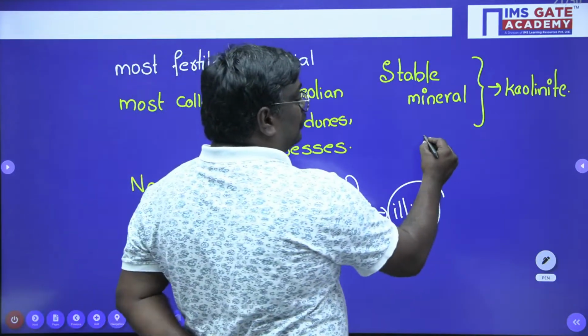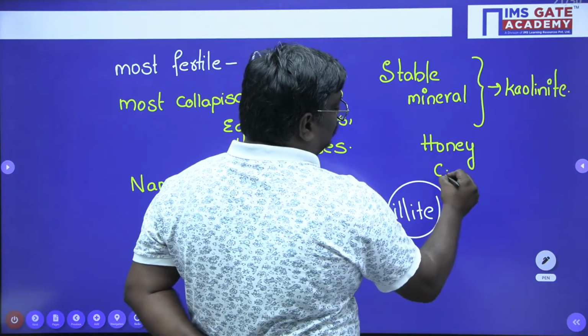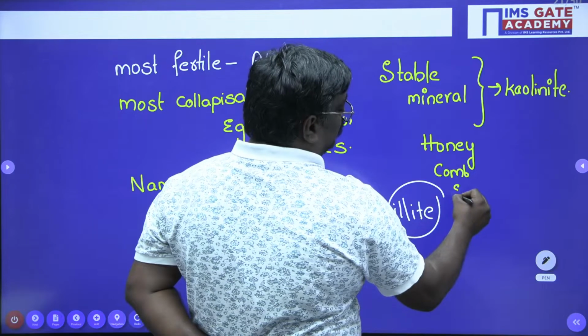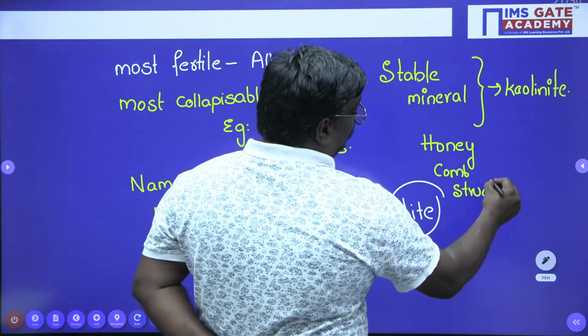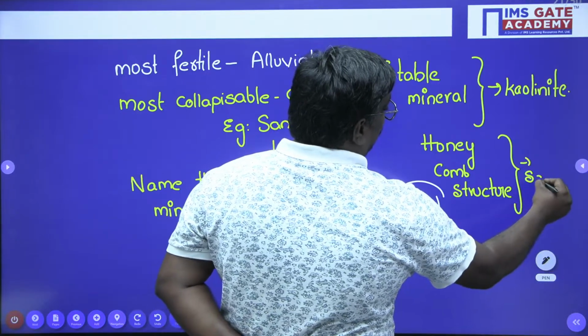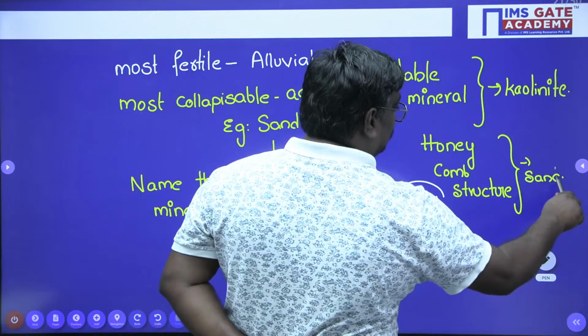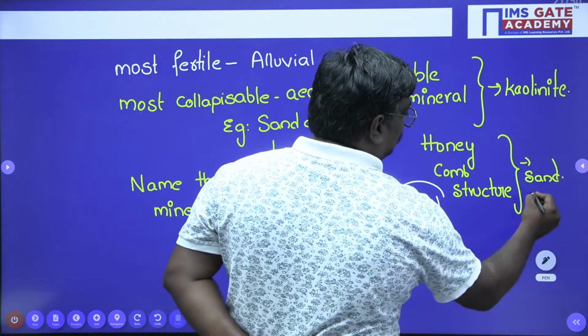Suppose they can give you honeycomb structure. In which type of soils do you observe honeycomb structure, they can ask you. Honeycomb structure is observed in sands and silts.